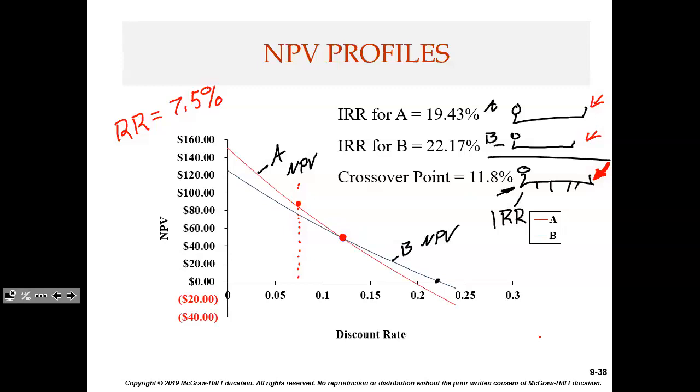Now, let's go out and say that we had an 18% required rate of return somewhere in here, okay? Now you can see after the crossover point, project B starts giving us a higher net present value. So anything below 22.17, but up to 11.8%, I would take project B because that gives us the higher net present value and adds more value to the firm in that range.